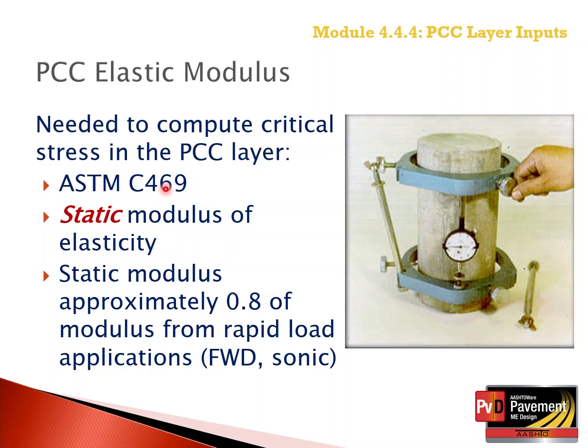For pavement evaluation and rehabilitation designs, the elastic modulus can be determined from the falling weight deflectometer or through sonic test methods. The elastic modulus determined from the FWD or sonic or seismic test methods represents a dynamic or rapid loading condition, and there is a systematic difference between the static and rapid loading conditions.